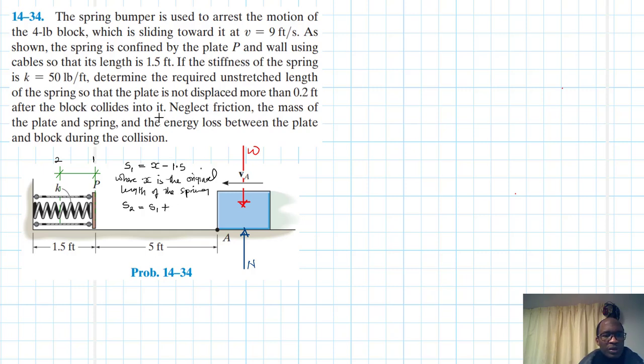We've been given the displacement. Yes, S1 plus 0.2. So this one is the displacement that our spring has undergone. So this one here is 0.2.